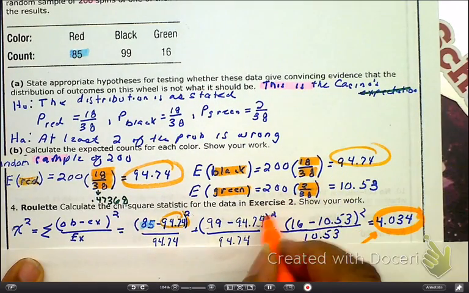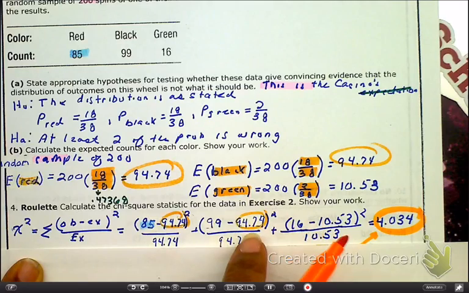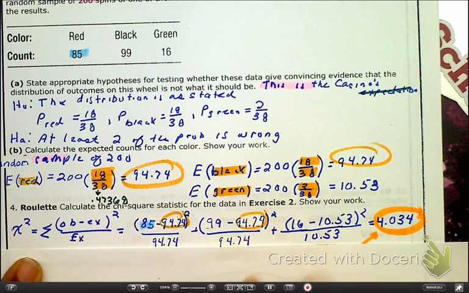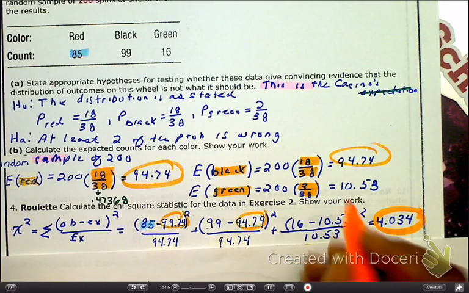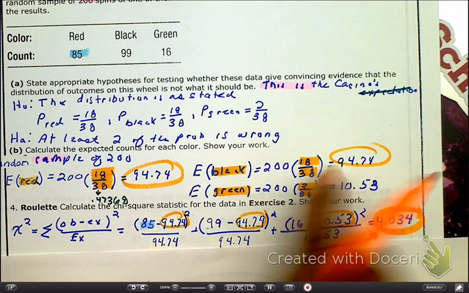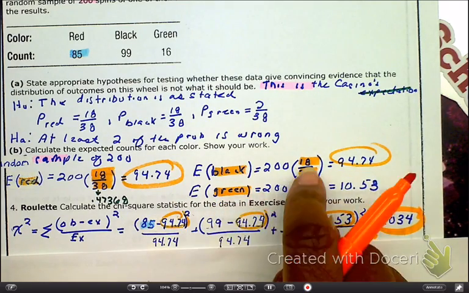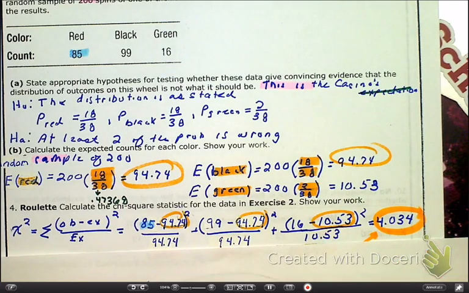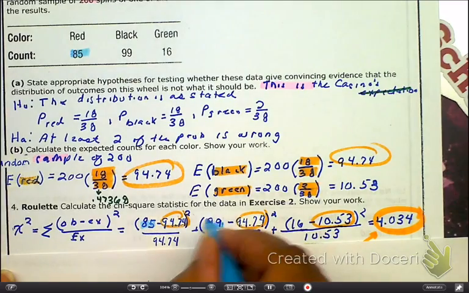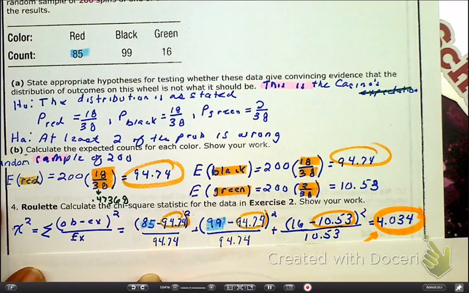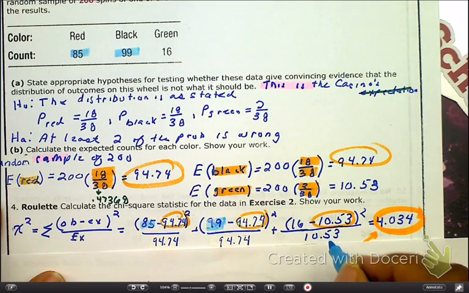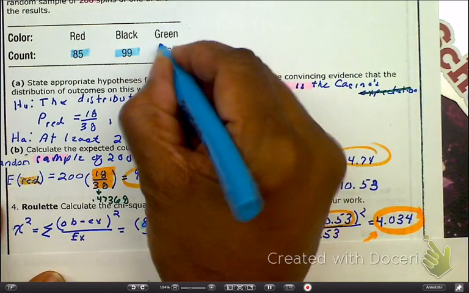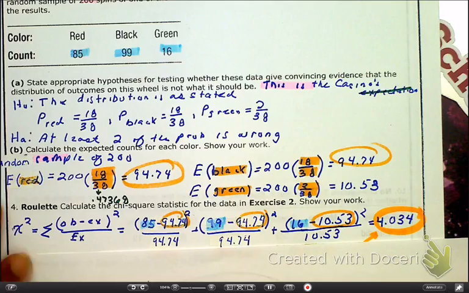The predicted, or the expected, same premise. So here's the expected for the red, expected for the black, expected for the green. These values right here, the 99, is what we have observed. There is 99 out of the 200. We observed that 16 out of the 200 were green.